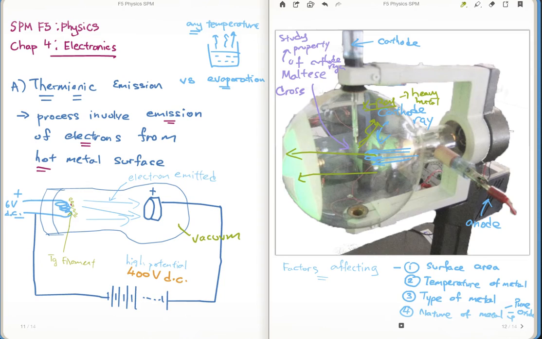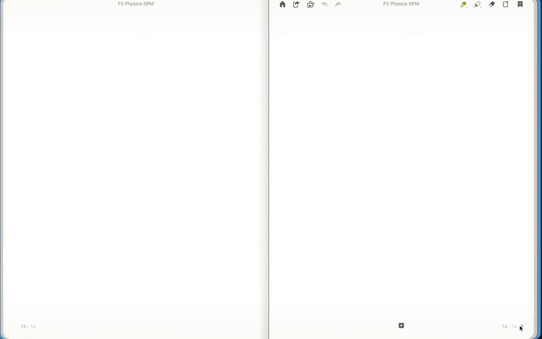So what happened? From what we have learned in the past, we have potential energy, V, voltage. It's actually work done per unit charge.